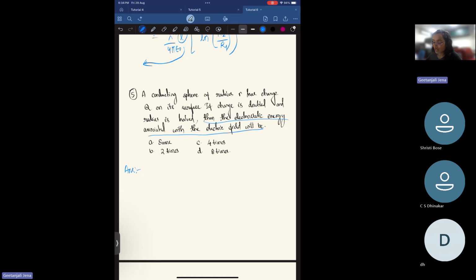How will it change when you double the charge, or when you reduce the radius to half of its initial value? Let me know the answer.